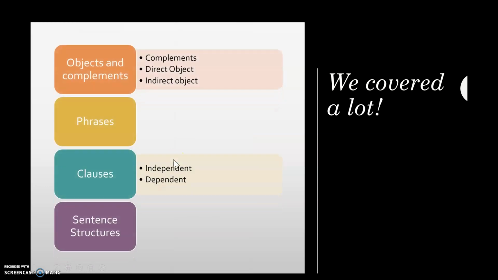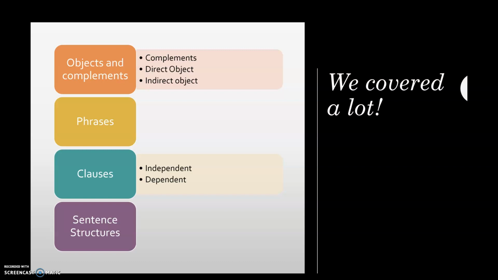We also covered objects and complements. So we talked about what a complement is, what a direct object is, and what an indirect object is, and the verbs that go with those: transitive, intransitive, and helping verbs. We talked about phrases. Phrases are parts of a sentence that could not stand on their own. They do not have a subject or a predicate or both. We talked about clauses, independent and dependent clauses.